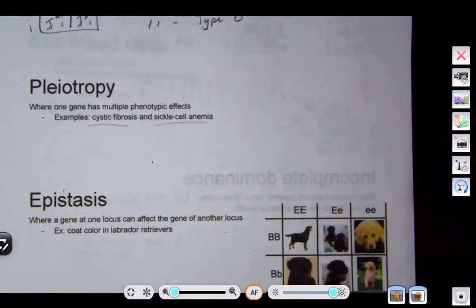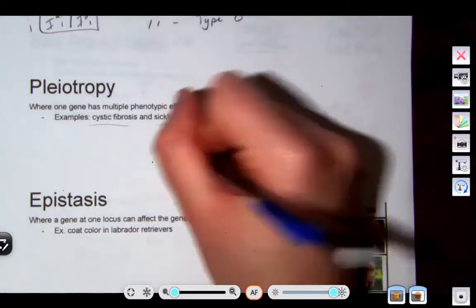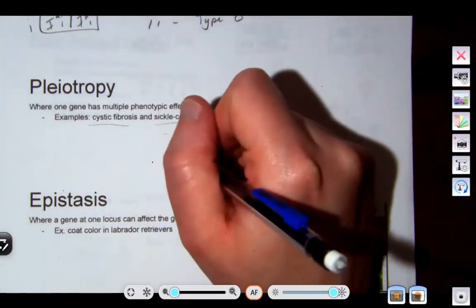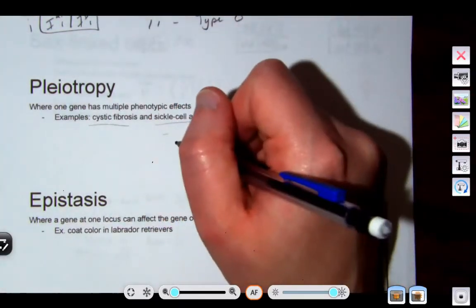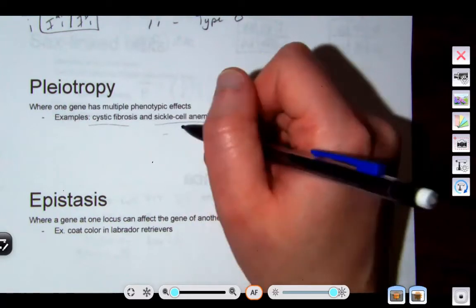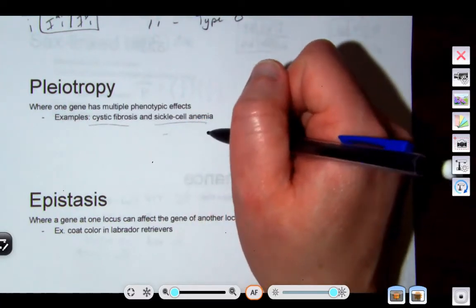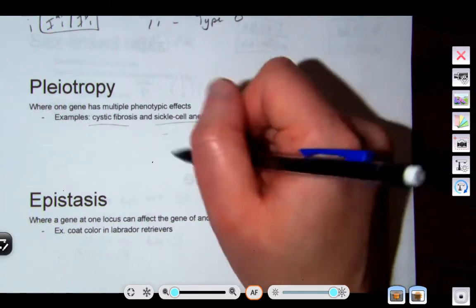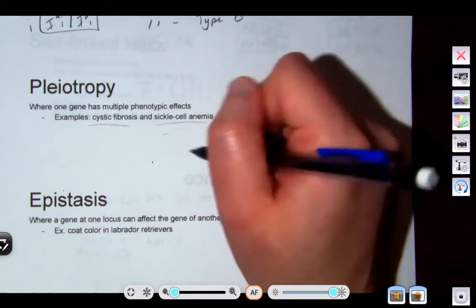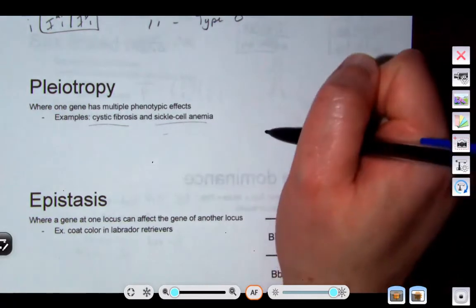An example for sickle cell is that people with sickle cell anemia have a number of different issues with their health, including heart issues, as well as an increased risk of both stroke and heart attack. Because their blood is affected, but so is their heart, and from what we understand, it can also lead to issues in the brain.